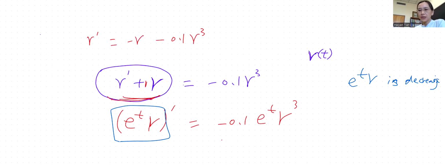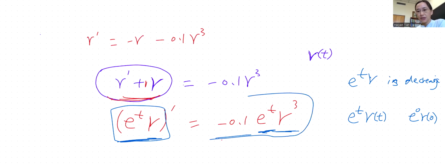So if it's decreasing, then we can look at this compared to when t is 0. Because it's decreasing, why is it decreasing? Since the derivative is negative. You see, the exponential function is positive, r is positive. So the derivative function is negative, therefore the function is decreasing. Therefore the larger the t, the smaller the function value.